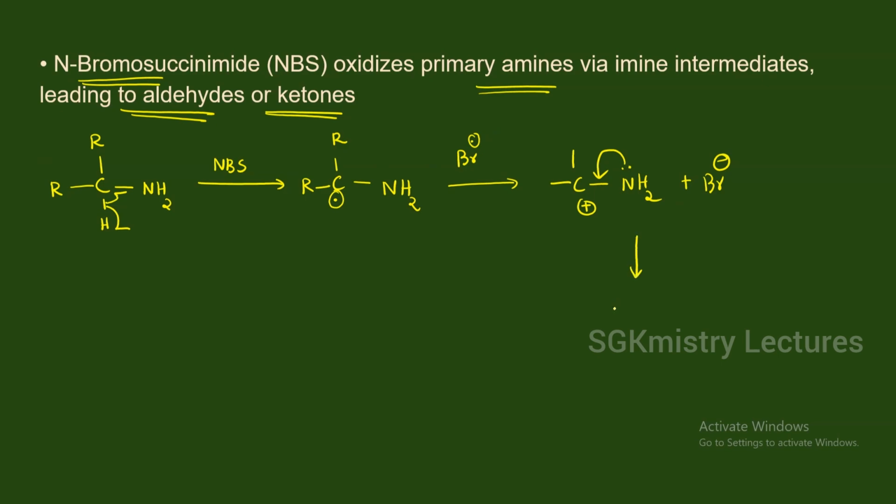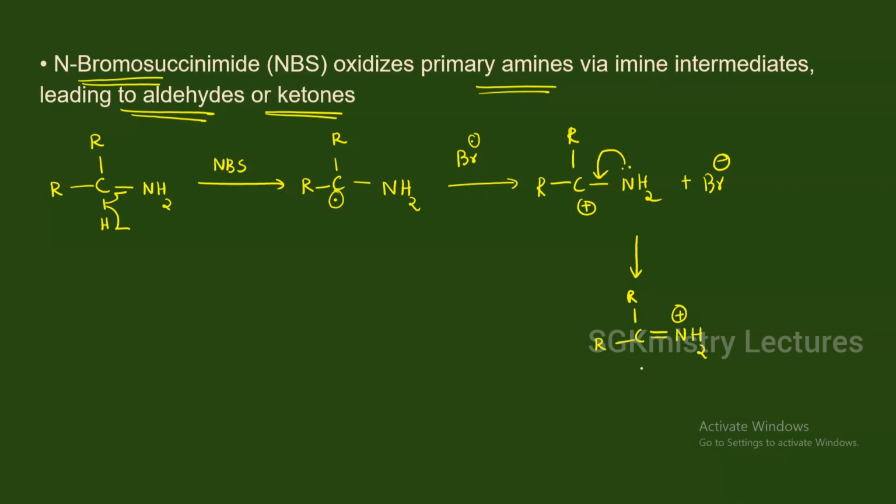Now it becomes C, with R and R. So here we have a double bond. Since the lone pair of electrons has been shifted here, I get NH2, and this will be a plus charge, correct?